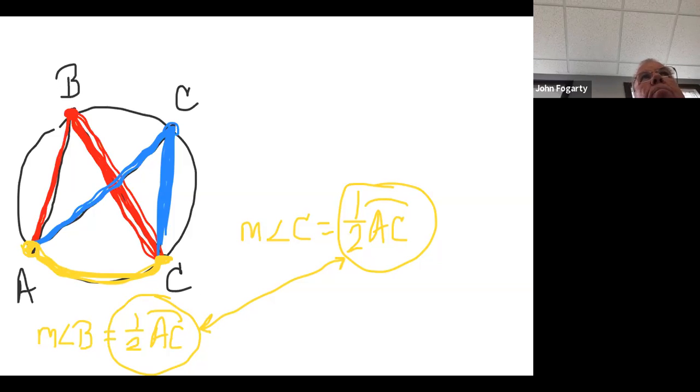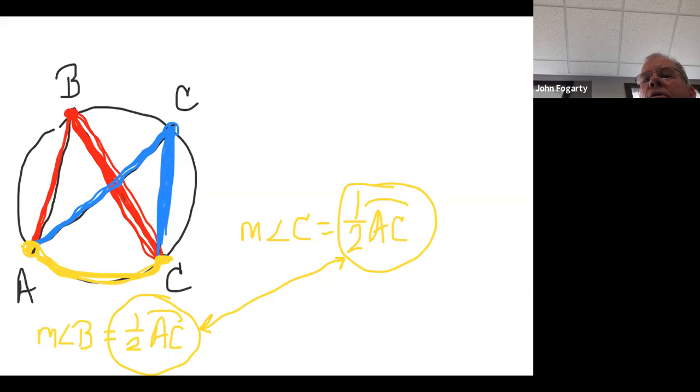So if angle B and angle C, look at my highlighter, angle B cuts this arc, right? Angle C cuts this arc. That's the same arc. So if two angles cut the same arc, then those two angles have to be congruent.